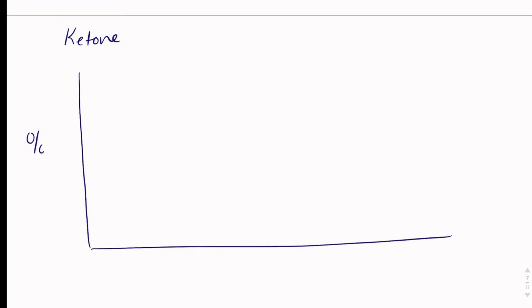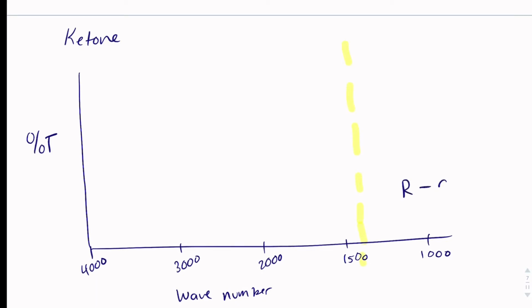Okay, now let's do ketones. We got 4,000, 3,000, 2,000, 1,500, and 1,000. Ketones are going to be specifically RCR.